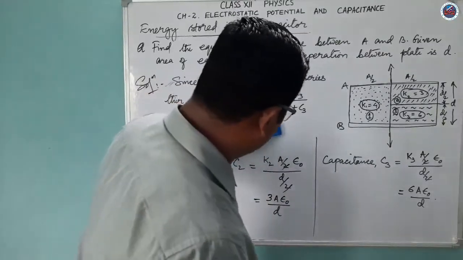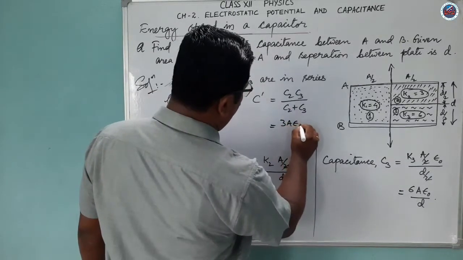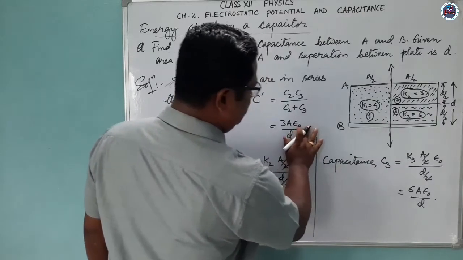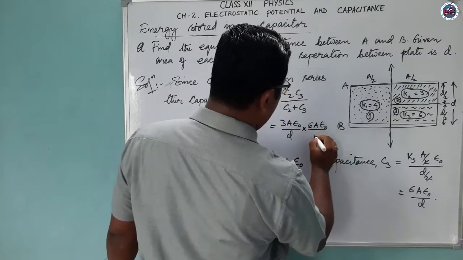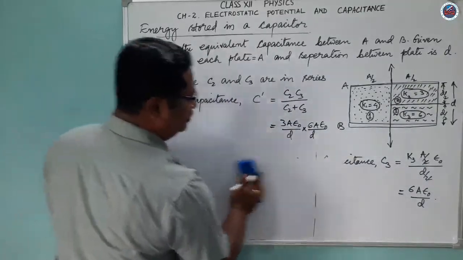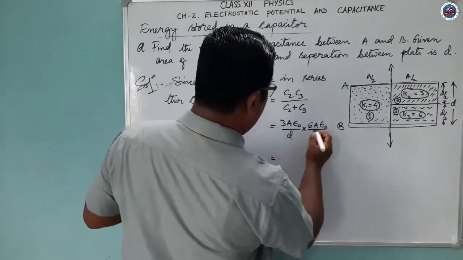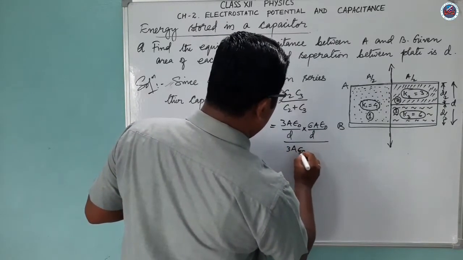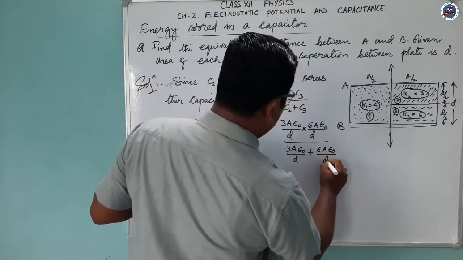Then put the values. C2 is 3a epsilon naught by d, and C3 is 6a epsilon naught divided by d, then divided by C2 plus C3, 3a epsilon naught divided by d plus 6a epsilon naught divided by d.